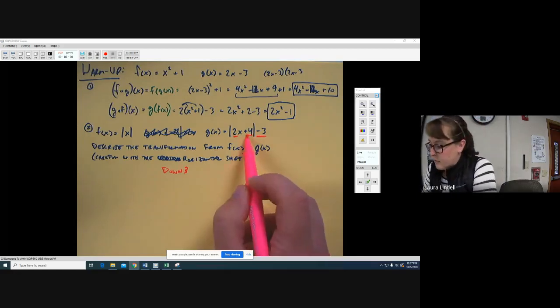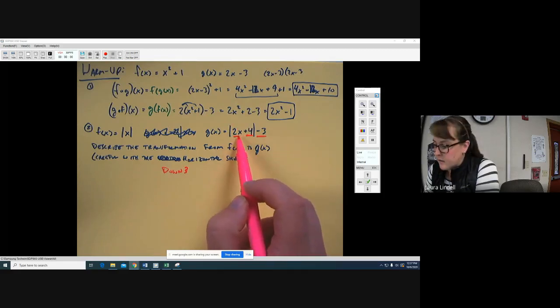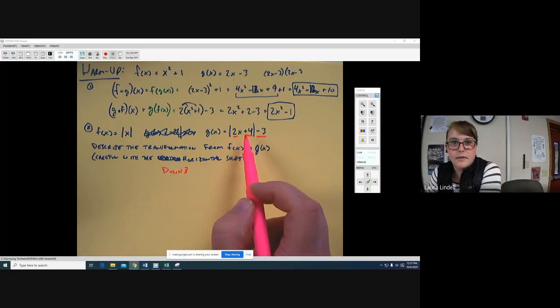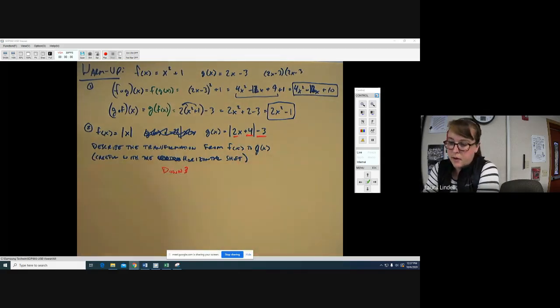That 4 does tell us that we're going left. The only problem is when we've got something in here with the x, we have to take into account what that does to it as well. And this is why I wanted to point this one out in particular, because the horizontal shift is a little tricky on this one.